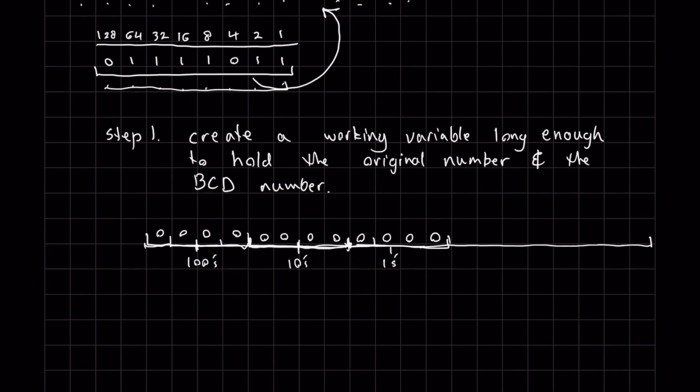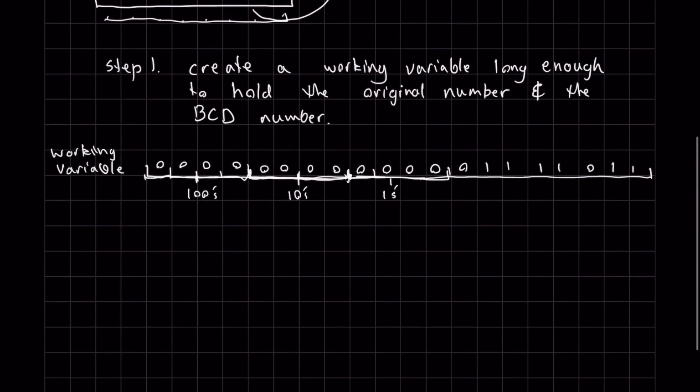All right, then we take our original number here and we place it in the least significant bits of this working variable. So that would be 0, 1, 1, 1, 1, 0, 1, 1. This is the original number.